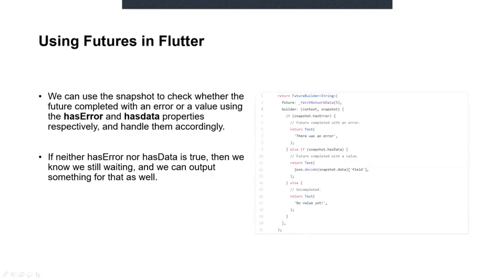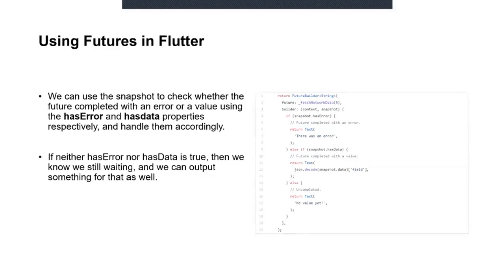And when the future completes, depending on how it has completed, if the future returns with a value, then it will rebuild its children. It will call the builder widget again, and it will rebuild the widget tree. It will replace this text of no value yet with the text for JSON decode, now with the JSON decoded value.